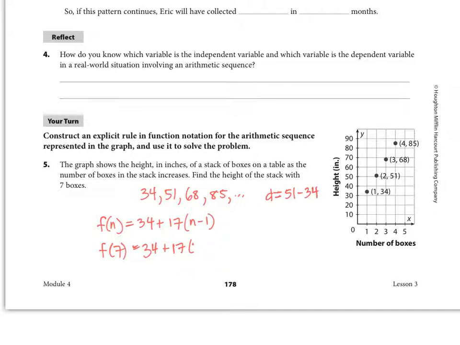Instead of 7, it's got to be 6. So I got to do 17 times 6, then add 34, and that output is going to represent the height from 7 boxes being stacked. Okay, so be able to write that in a complete sentence once you arrive at that solution.